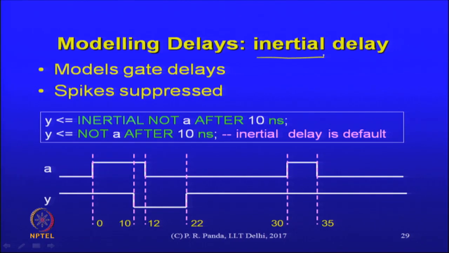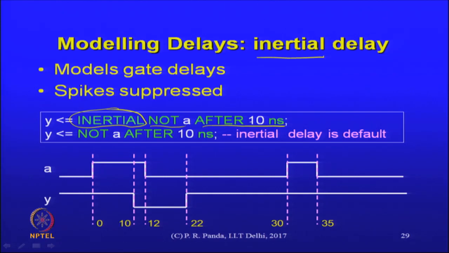So, I say y takes the value of not a, this is just an inverter specification. With a couple of other things, I say it is an inertial delay, we will define what that is, and we say that the result shows up on the output port after a certain amount of delay.